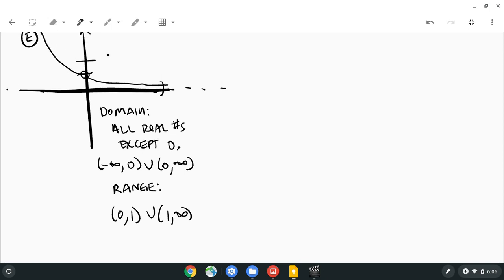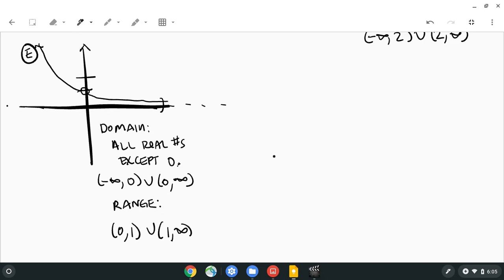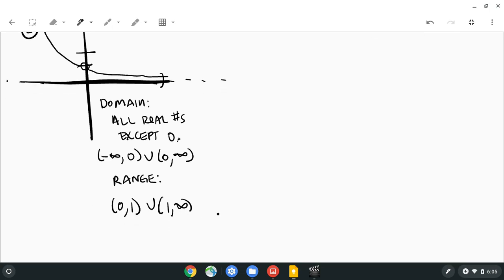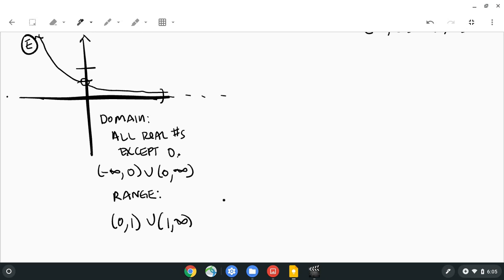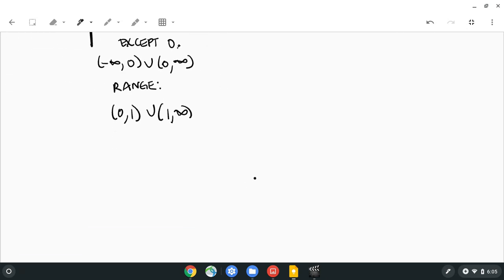So we see the y values that are being used start just above 0. It skips 1 and then keeps climbing. So 0 to 1, and then from 1 to infinity.